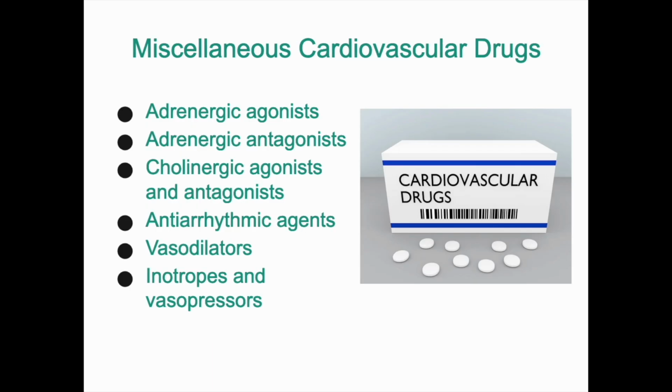We should also be familiar with the following drugs. Adrenergic agonists stimulate our sympathetic nervous system, often used to increase heart rate and blood pressure. Adrenergic antagonists block the effects of adrenergic agonists, helping to lower blood pressure and heart rate.